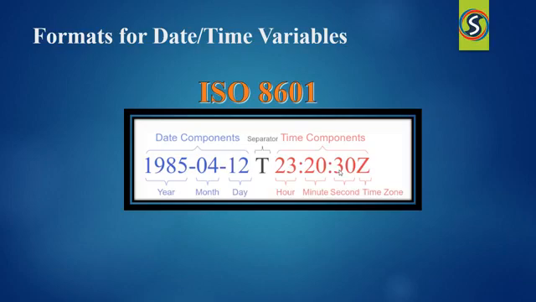Time is represented as a text string using the notation hours colon minutes colon seconds. The SDTM as well as the IG require the use of ISO 8601, and there is an extended format which requires hyphen as the delimiter for date components and colon delimiters for the time components. The basic format, which does not require delimiters, should not be used in SDTM datasets.